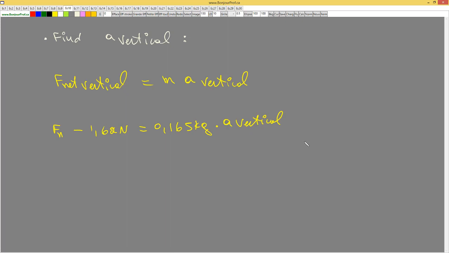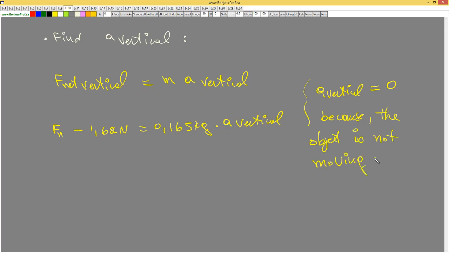That's why, when we see the motion, you have to make sure in which direction the motion is. This one here, we're going to write it here: a vertical equals 0, because the object is not moving vertically.